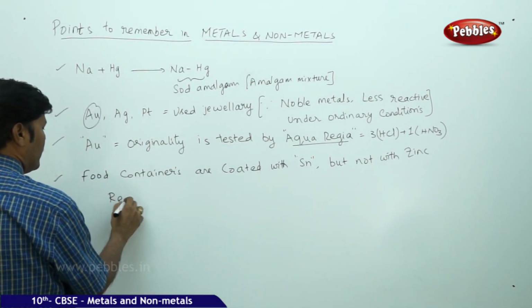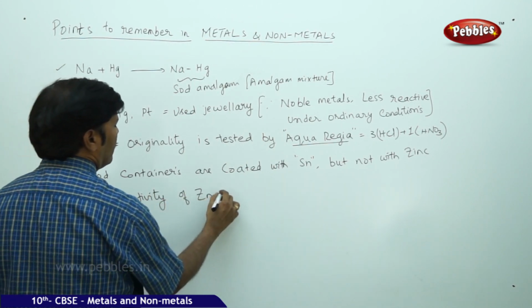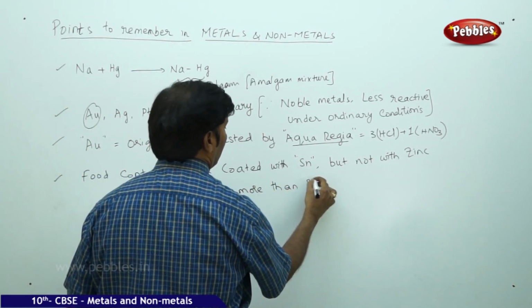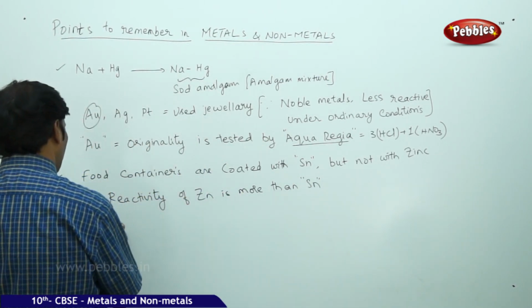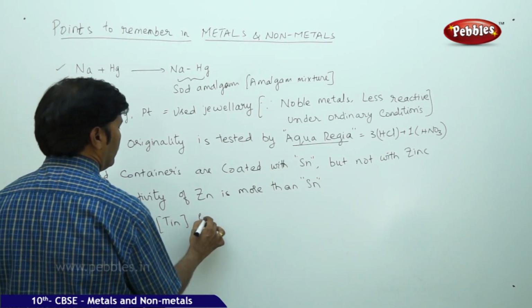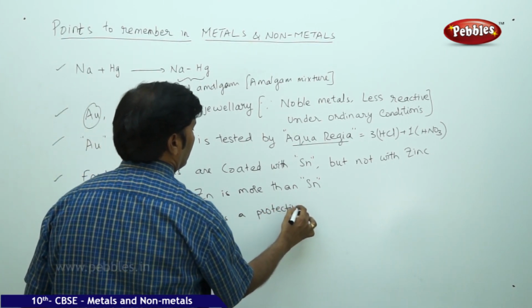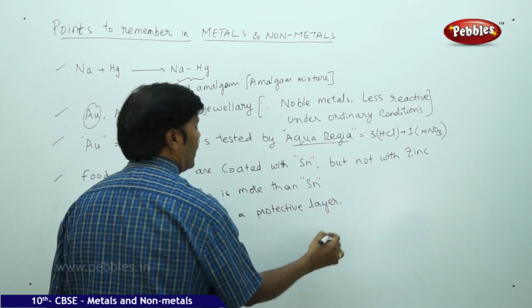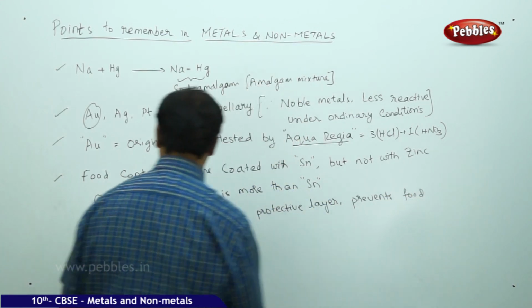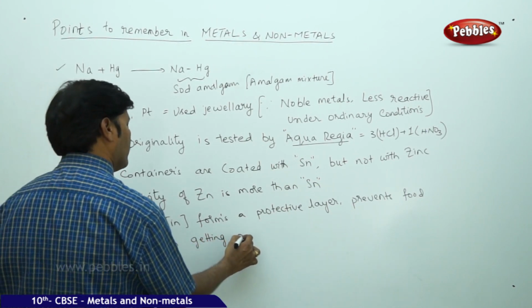The reason is that the reactivity of zinc is more than tin, and tin, Sn, forms a protective layer and prevents the food from getting oxidized.